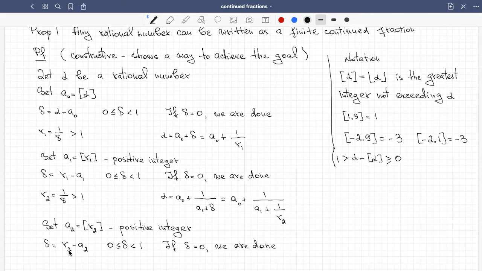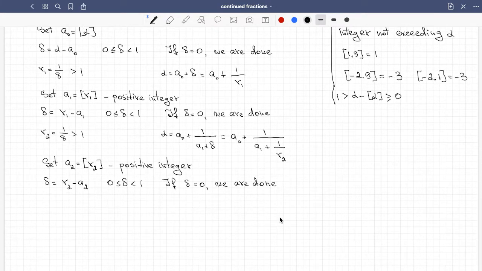The difference between R2 and its integral part is 0, means R2 is integer, a positive integer. This is our expression A naught semicolon A1 comma A2. We're done.